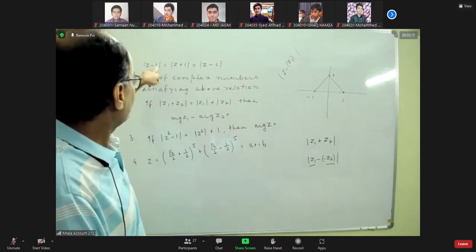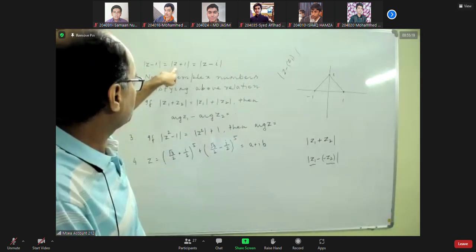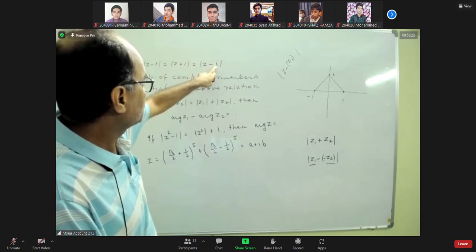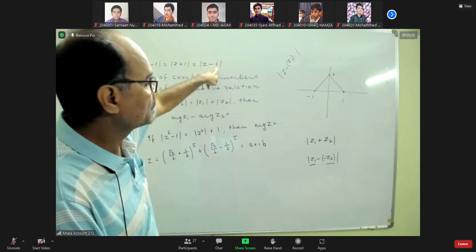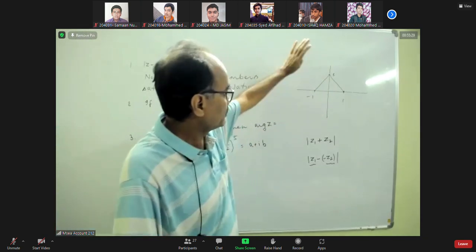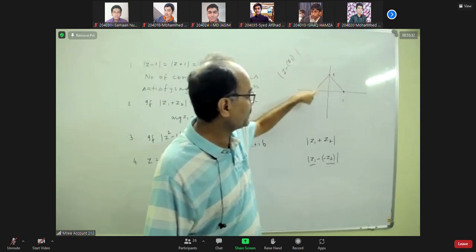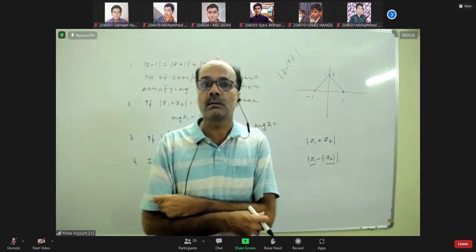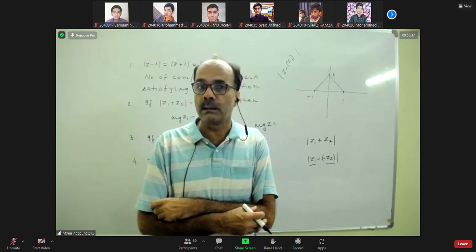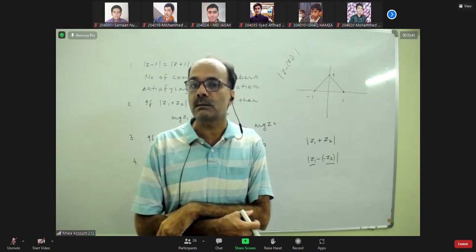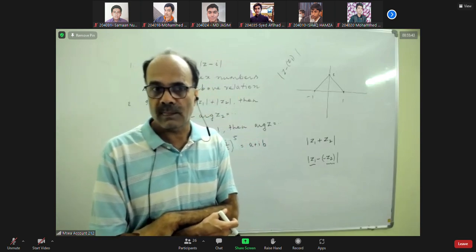Pick up the point (1, 0) here, z minus 1, and (-1, 0). Here z minus i means the point i. So construct the triangle joining all these three points. Now, how many points are there in the XY plane which are equidistant from all three vertices of the triangle?